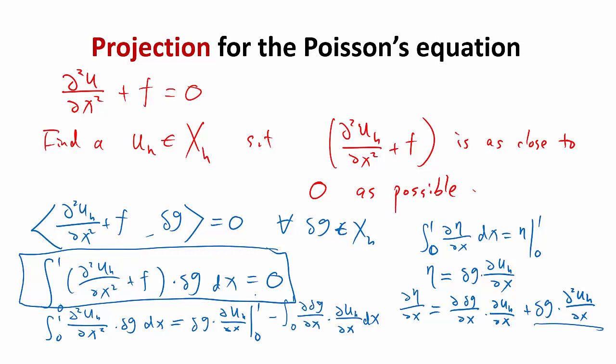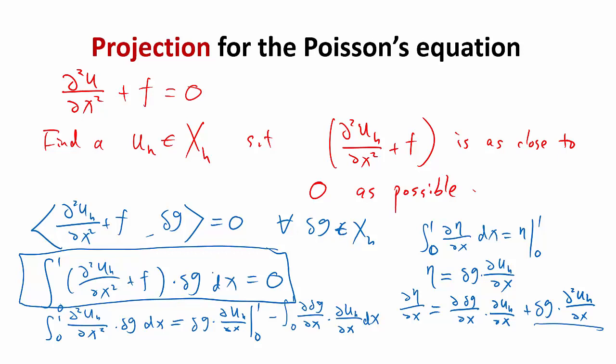But are these infinite set of equations independent from each other? No. Because if I know this equation is satisfied for one particular delta G, then I know it is satisfied for 2 times delta G, right? If I perform any linear combination of this equation for different delta G, it is still going to be satisfied as long as the components of the linear combination are satisfied.